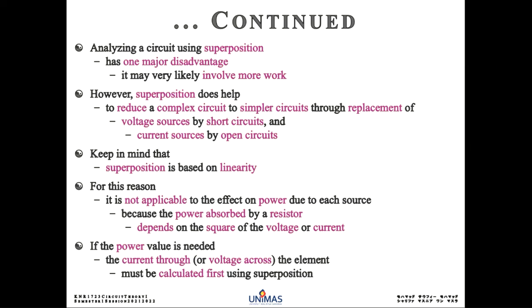So later you will get a voltage or current, you cannot use that value to find the power. You have to find the power using each individual contribution of the voltage or the current. You cannot use the sum to find the power. Okay.